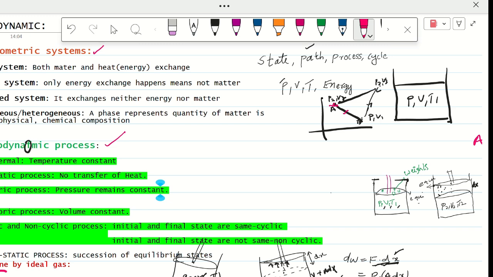Means isothermal process, adiabatic process, isobaric process, isochoric process, cyclic process, quasi-static process. That will be given by process. And if these processes are continuously changing, after a series of processes it comes into the same initial state, that is called cyclic process or cycle.